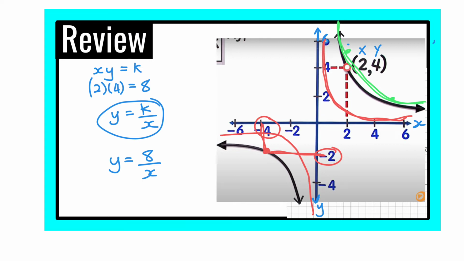If you want the other quadrant, let's say in green again, this one here, if I want my graph to be over here, it would be x times y equals negative 8, or y equals negative 8 over x. And that would also be true for down here. So if it slants in a negative way, then x times y is a negative number. If I want the positive quadrants, then x times y is a positive number.